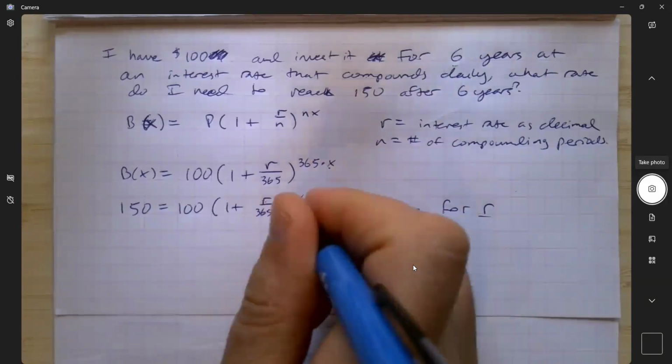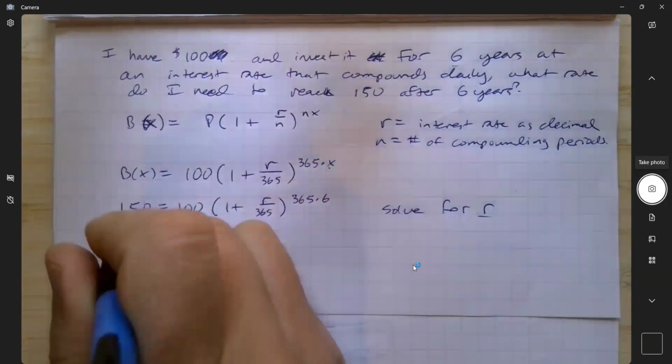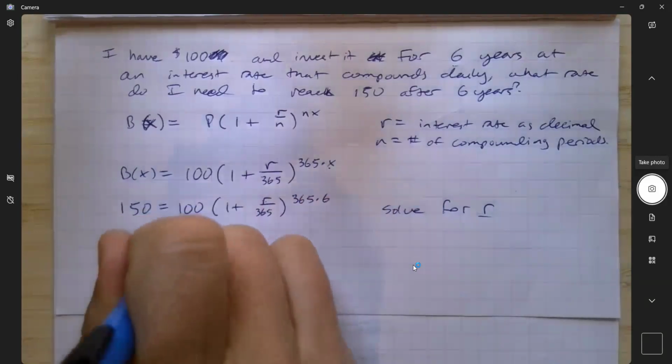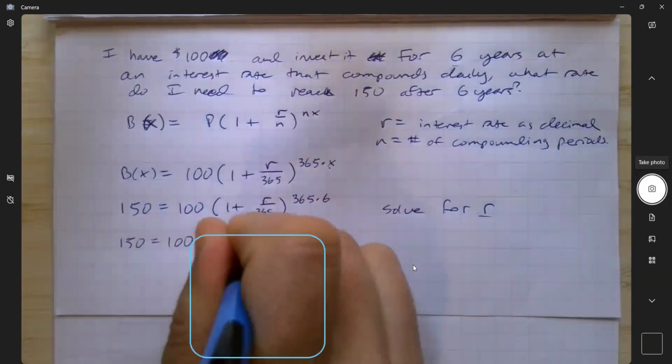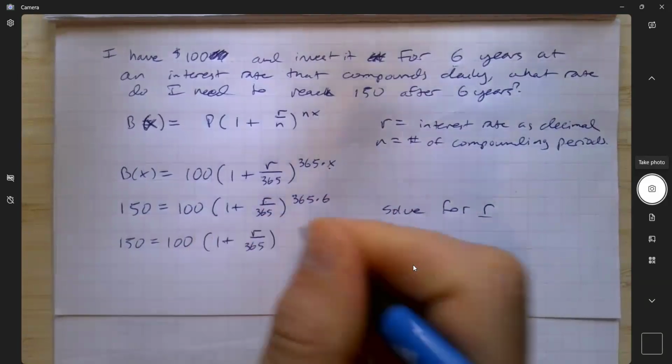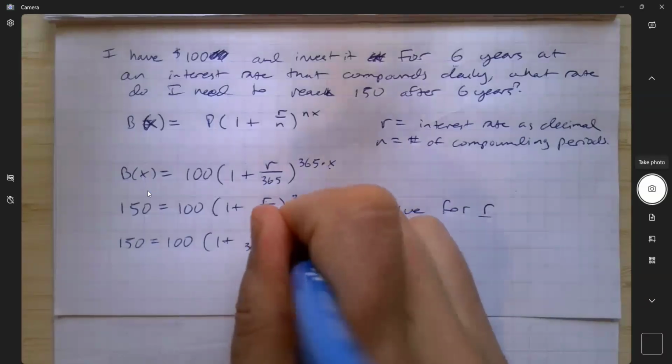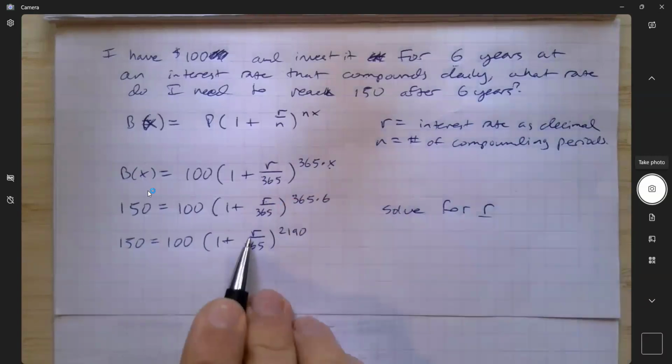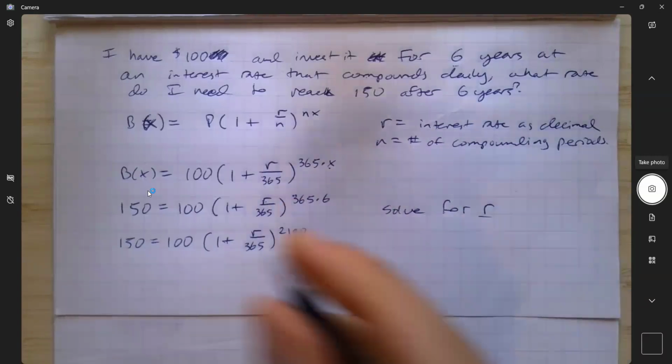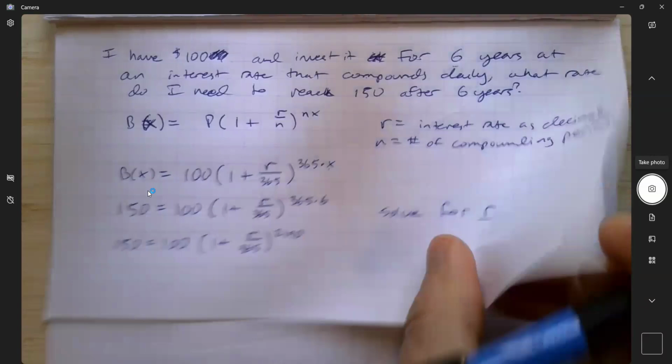The first thing I'm going to do is find out what 365 times 6 is, just so I'm working with numbers when possible. 2190. And now I'm going to solve for r. Let me switch to another piece of paper.